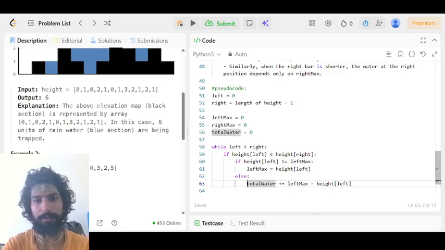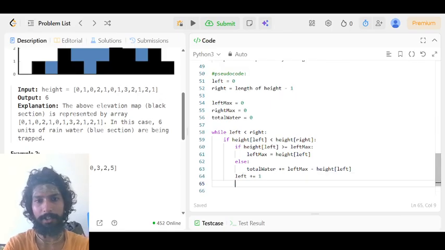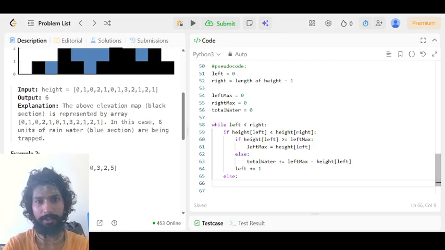And then we do left plus 1. And otherwise, we do the similar thing for the right side, just replacing left with right.